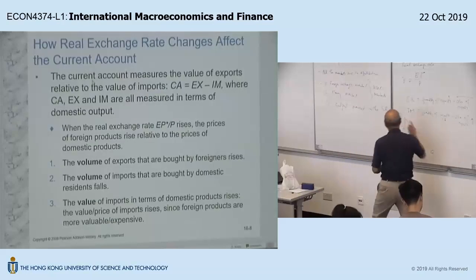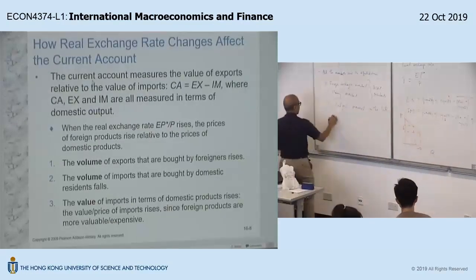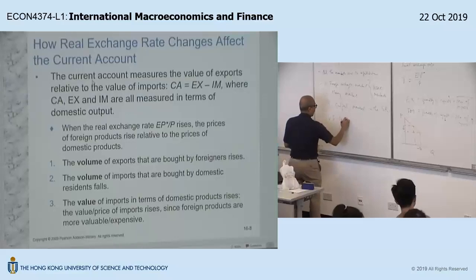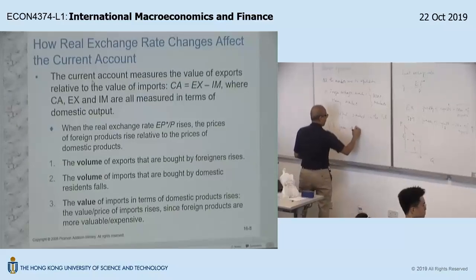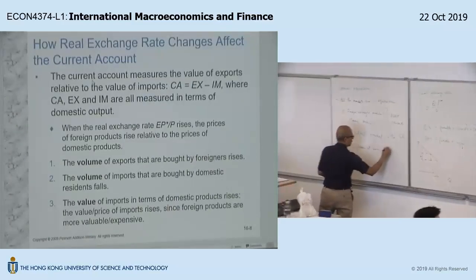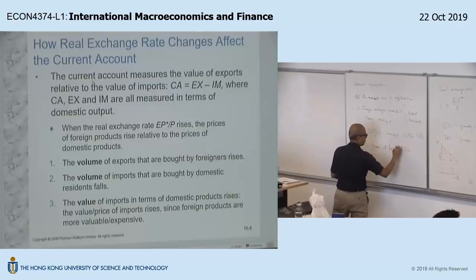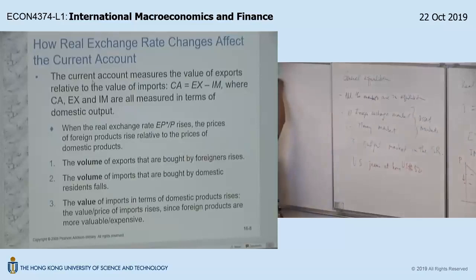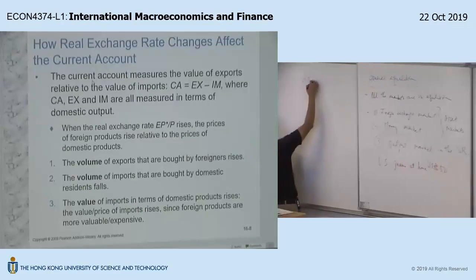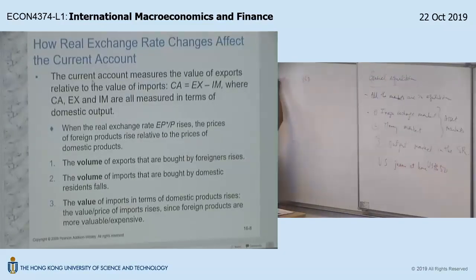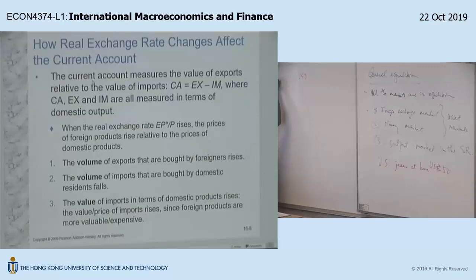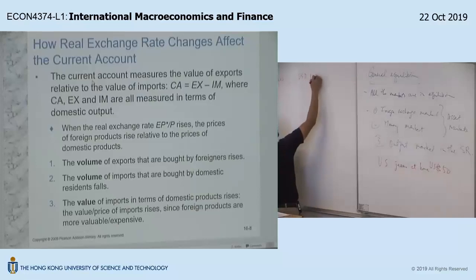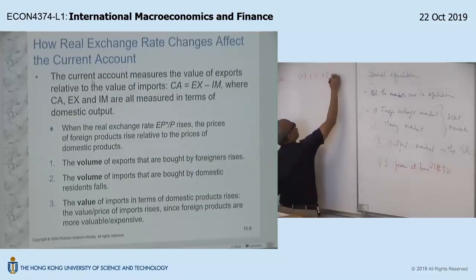So the price of US jeans at home is $50. Let's say 1 US dollar is equal to 0.8 euro.